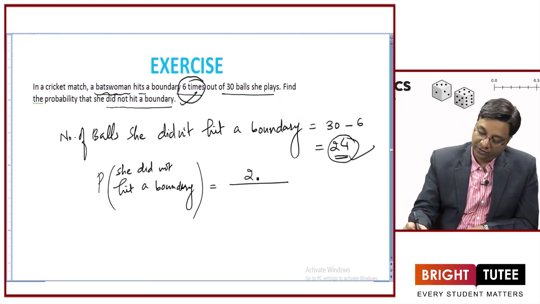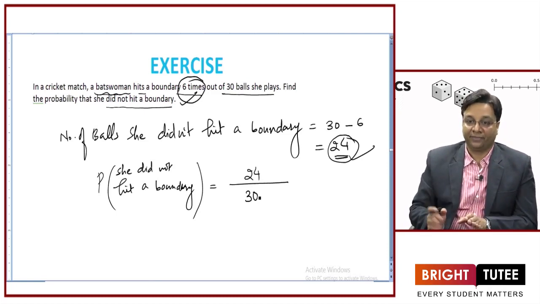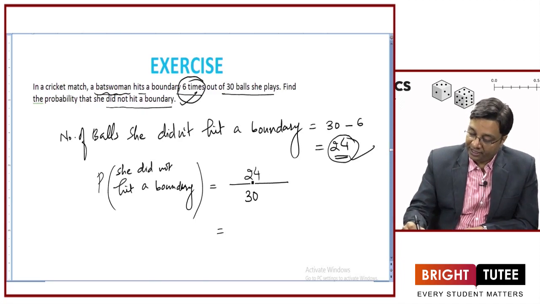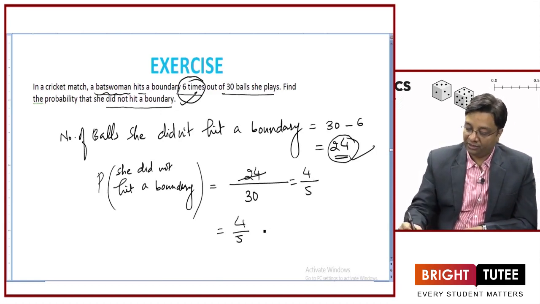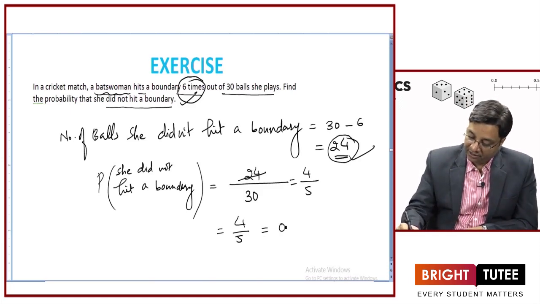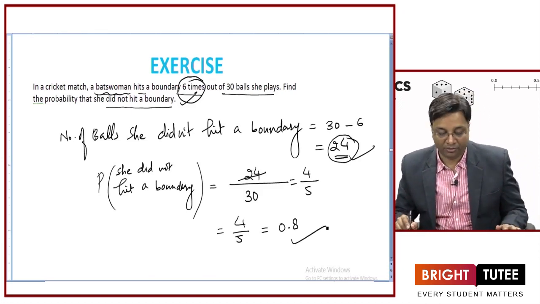So 24 divided by the total number of trials, or total number of balls in this case, which is 30. So 24 by 30 is the probability, and 6 4s are 24, 6 5s are 30. So 4 by 5 is the probability, and if you want to write it in decimal form, you can write it as 0.8. This is the required probability, right?